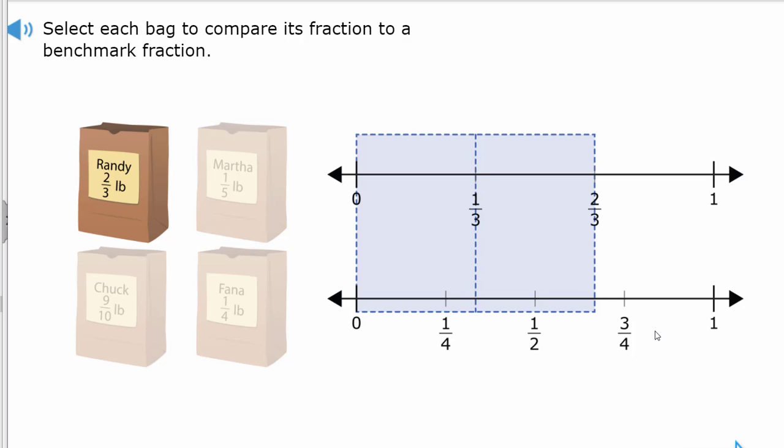The first shows 2/3 and the second shows the benchmark fractions. So, as you can see, it's between half and 3/4 and it's closer to 3/4. Do you agree?